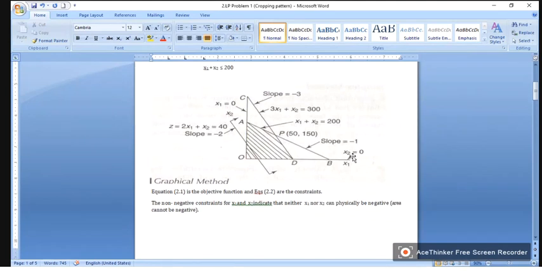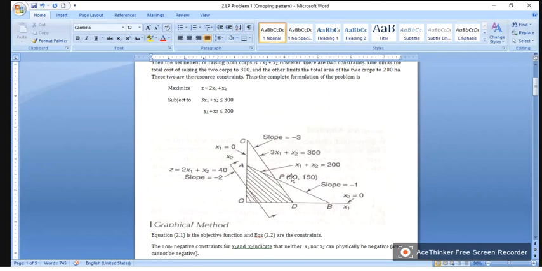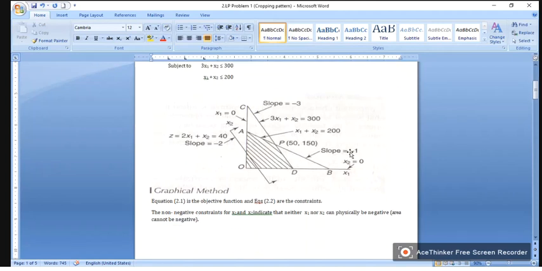Is it right? Yes, sir. The z value is 250, x1 is equal to 50. 2 into x1 plus x2: here you can see 2 into 50 plus 150 is 250, right?